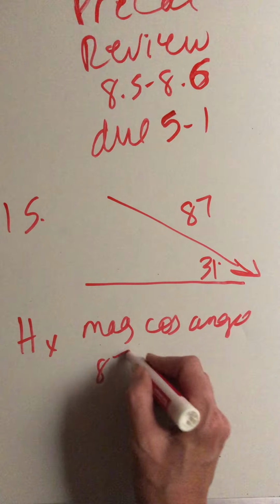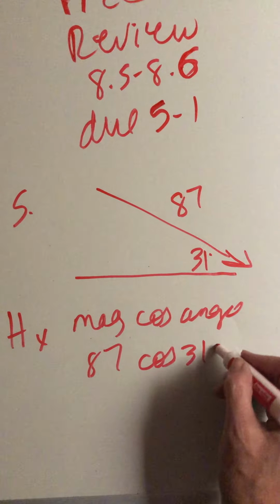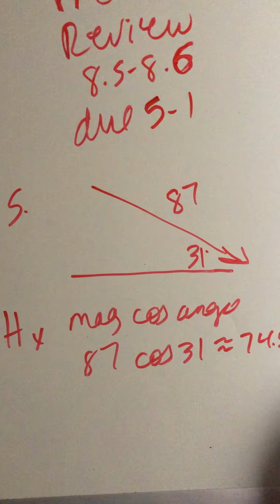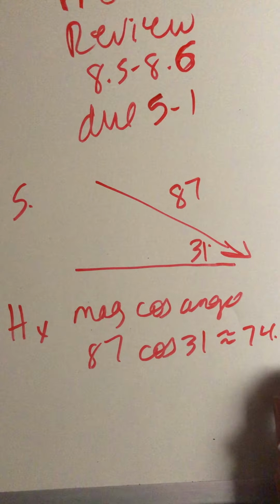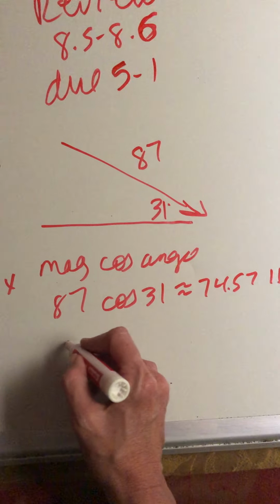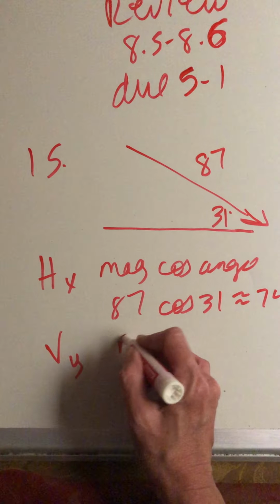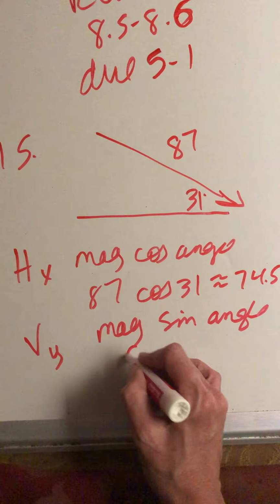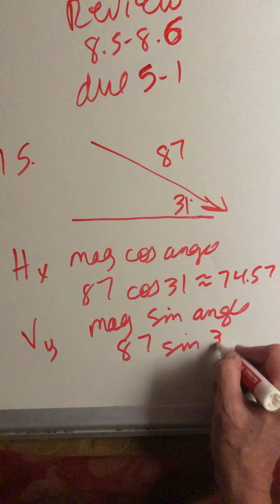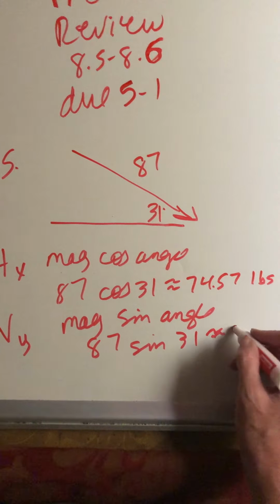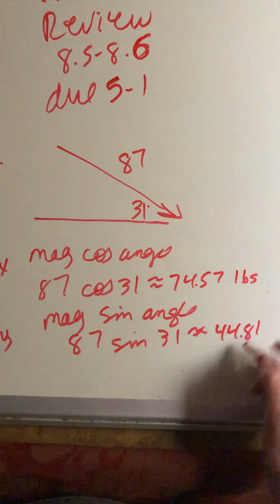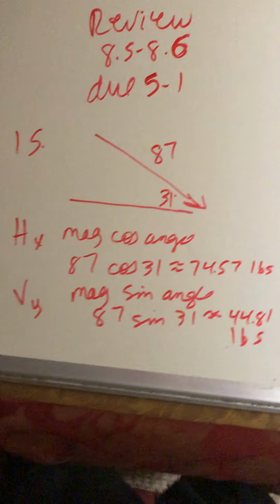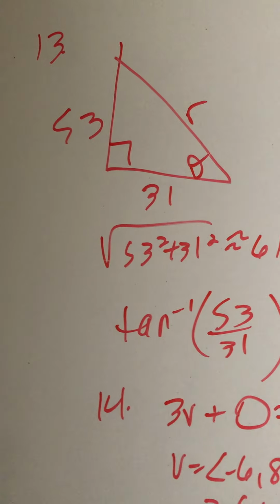So you would do magnitude 87 times the cosine of 31, which gives you about 74.57 pounds, because it asks what to label it in, and it's pounds. Then your vertical, or your y, is the magnitude times the sine of the angle. So that'd be 87 sine 31, which is about 44.81 pounds. So that's how that works on 15. That's your horizontal and vertical components.